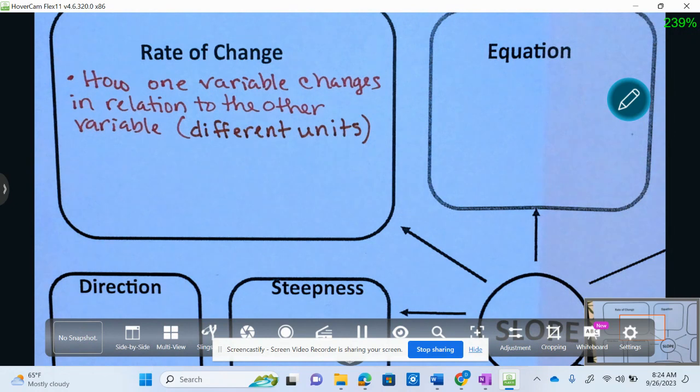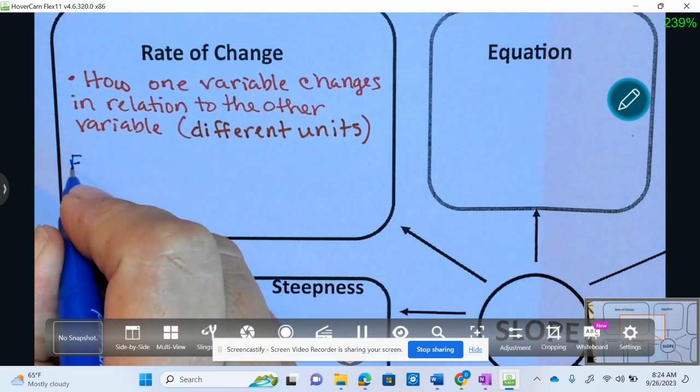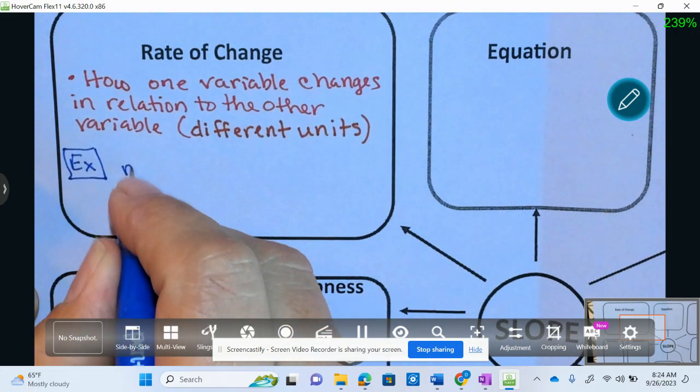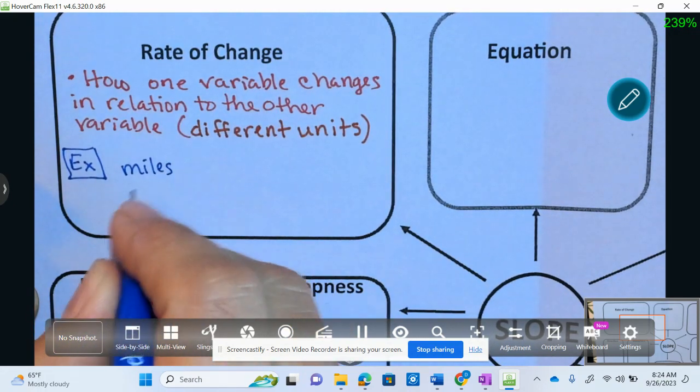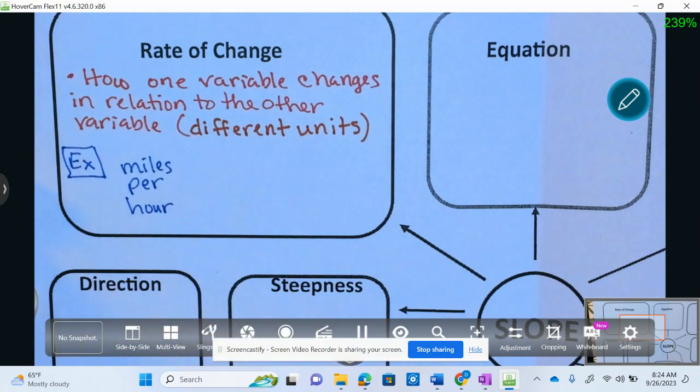How one variable changes in relation to the other variable. So I'm going to give some examples. And I'm going to write miles per hour. What's another one?